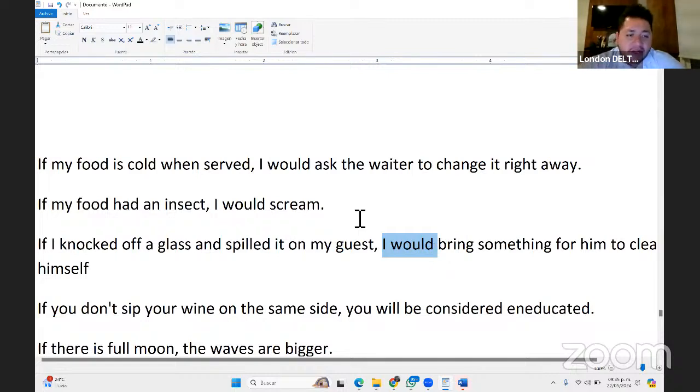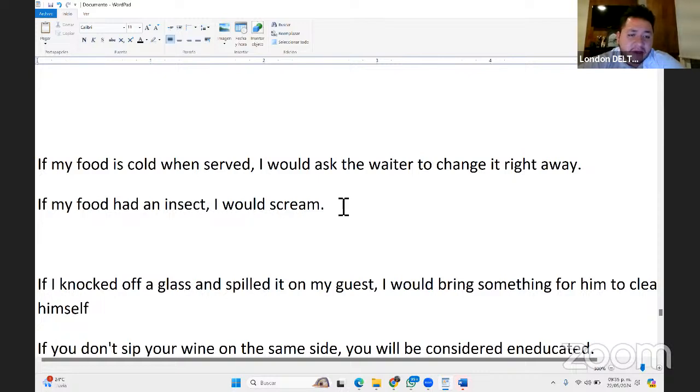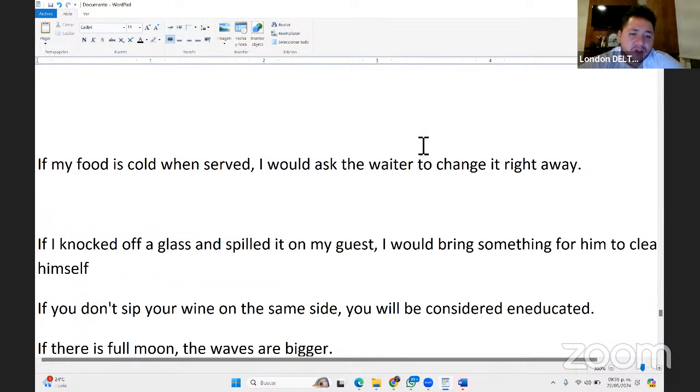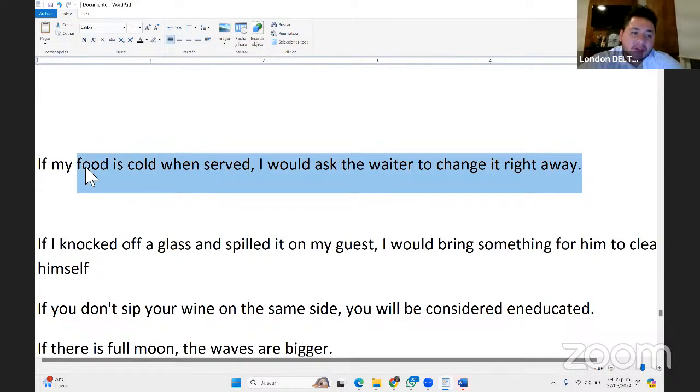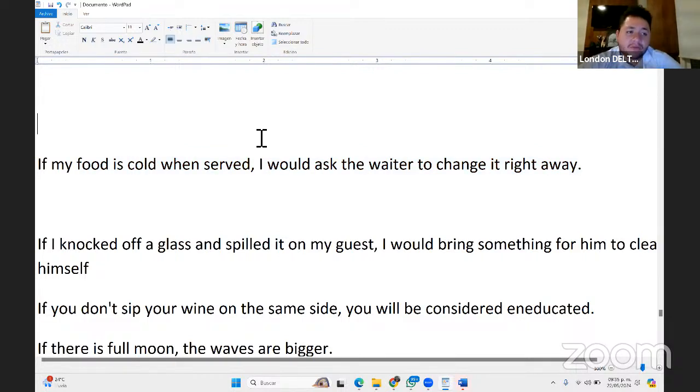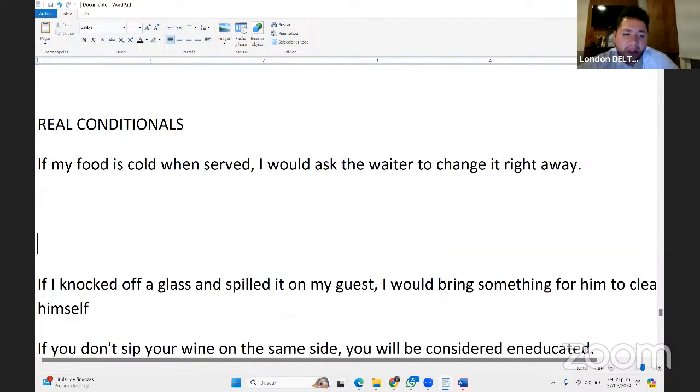So that's why we classify these conditionals, the ones that use the present, as real conditionals. And the ones that use the past, we call them unreal conditionals. Remember that it's not that the sentences are in the past or imply the use of the past, but the conditional itself implies an imaginary situation, right?